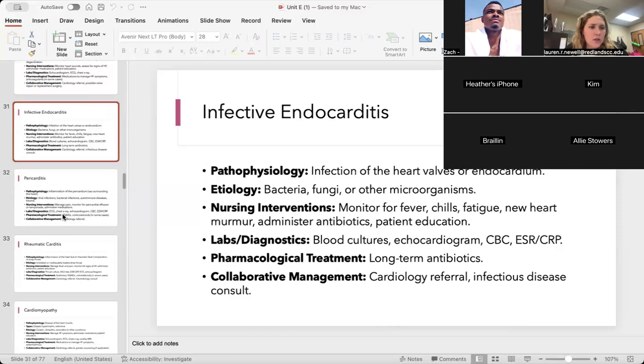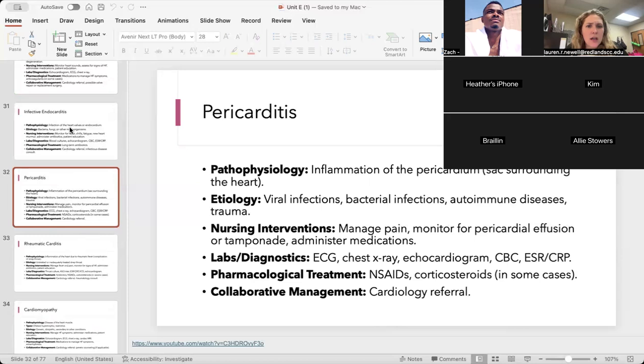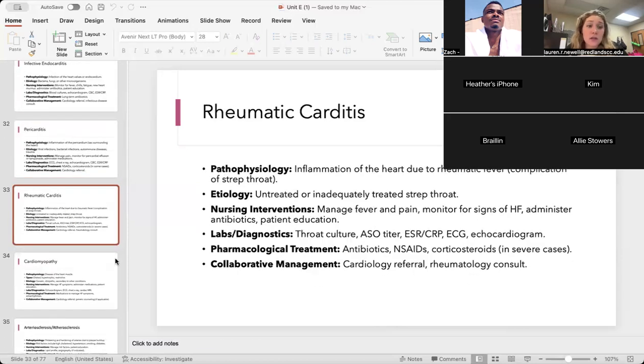I don't want to talk too much about infective endocarditis or pericarditis. I want you guys to review those. Rheumatic carditis: the only thing I'll note here is that typically the etiology is untreated strep throat. If a patient has strep throat for a long time and doesn't get antibiotics, it can turn into what we call rheumatic carditis.